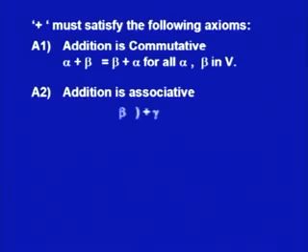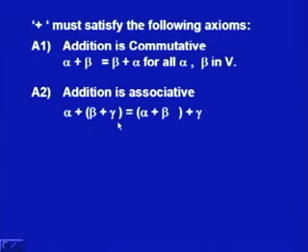The second axiom is that addition is associative. By this we mean that if there are three vectors alpha, beta and gamma, then alpha plus beta plus gamma is equal to alpha plus beta, and then we add gamma to it.